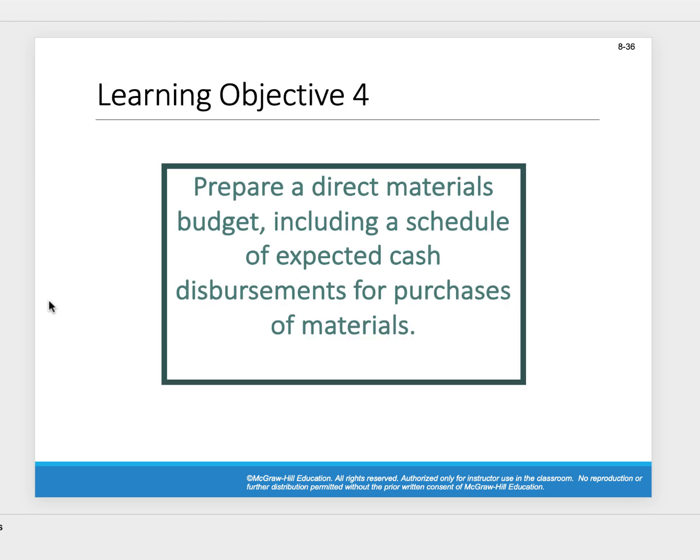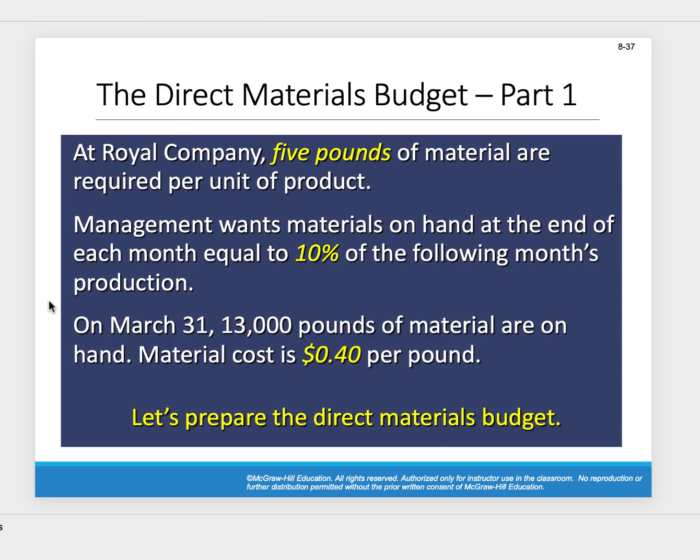Okay, so the next thing we can do is prepare the direct materials budget and the schedule of expected cash disbursements for purchases of material. That makes sense, right? After we do the production budget, now we can go through and do the materials, labor, and overhead.